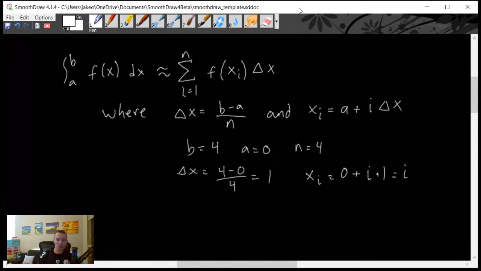If we start at i = 1, we already know our first x value, because x sub 1 is just going to be i.